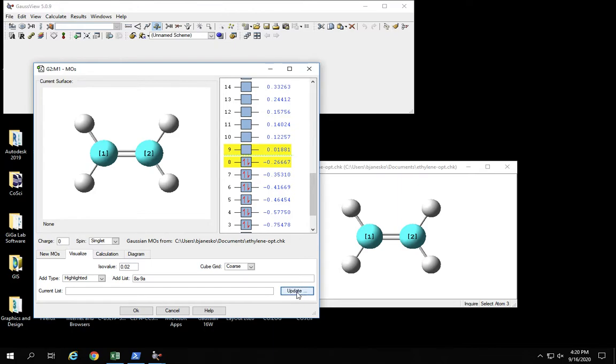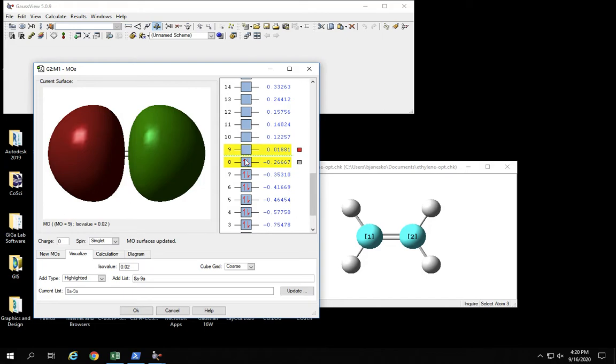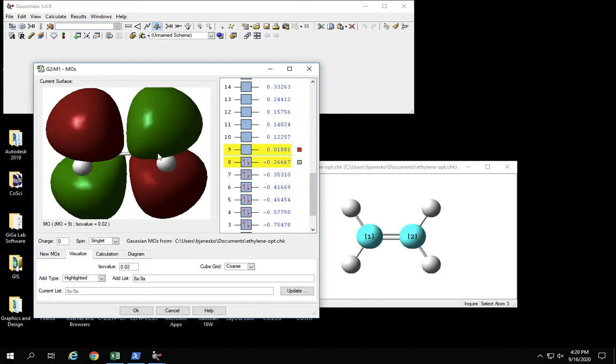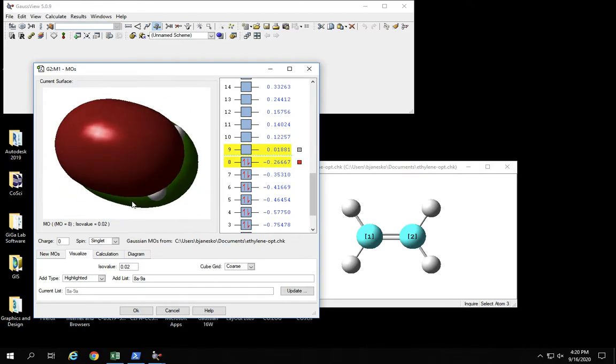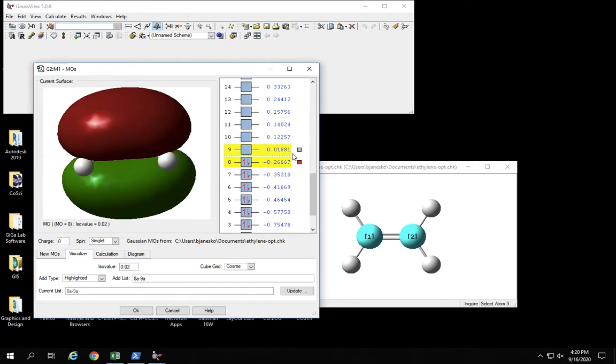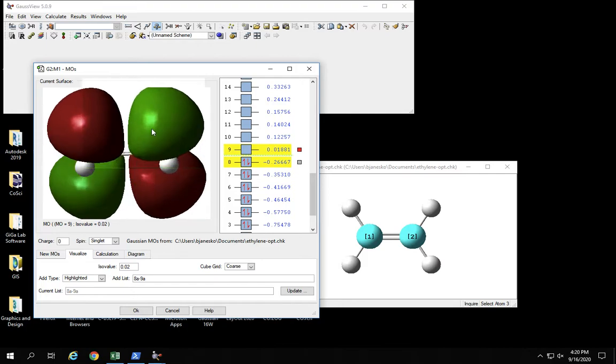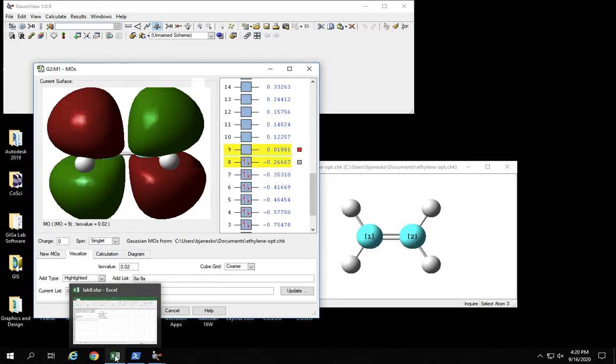Click on update. We're going to look at the two highlighted orbitals, which is the HOMO and the LUMO. The highest occupied orbital is a pi orbital. The lowest unoccupied orbital, not surprisingly, looks like a pi star orbital. These are the orbital energies in Hartree in this diagram. I could look them up in the log file as well, but I'm just going to use them from here.